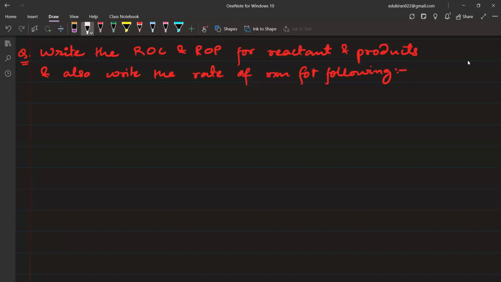Okay, so number one is, let us suppose something like this: N2 plus 3H2 gives 2NH3.